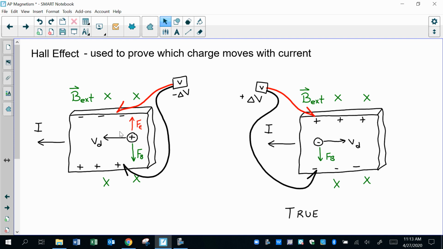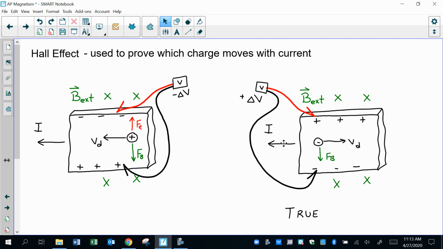So thumb goes to the left, your fingers go straight to the right, your palm should be pointing down the screen, which means that as these positives move to the left, the green magnetic field is actually going to push them downward, and these positives are still going to move to the left, but while pushed up against the wall. If I took a voltmeter, I can measure the voltage difference between the top side and the bottom side. If I use my black lead here and my red lead here, this is high voltage because it's positive, this is low voltage, I'd get a negative reading.